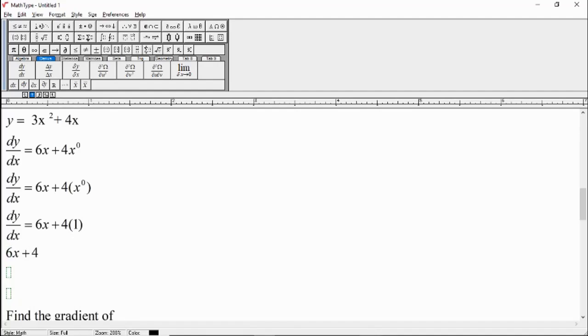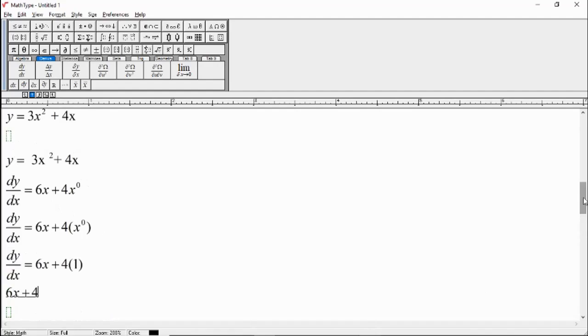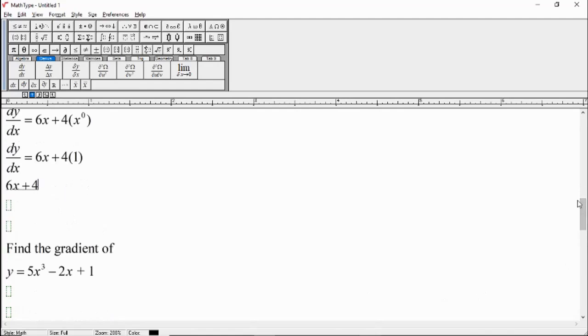And there's your answer. 3x squared plus 4x differentiated is 6x plus 4.